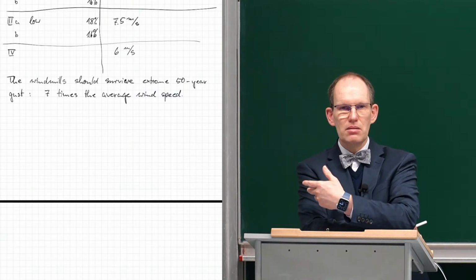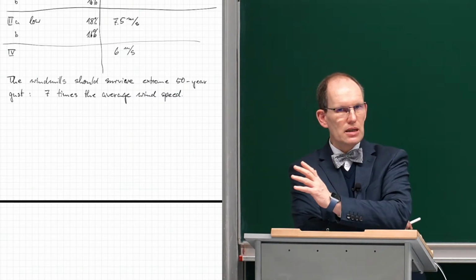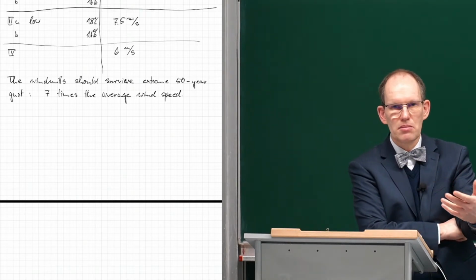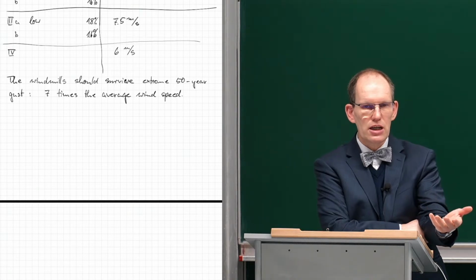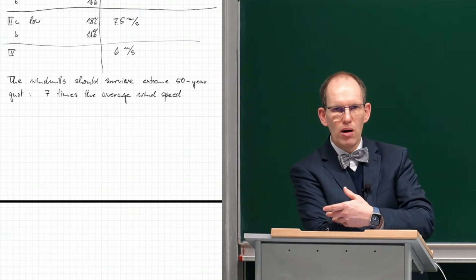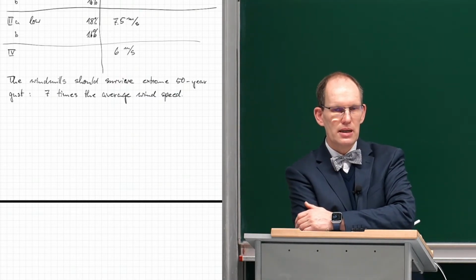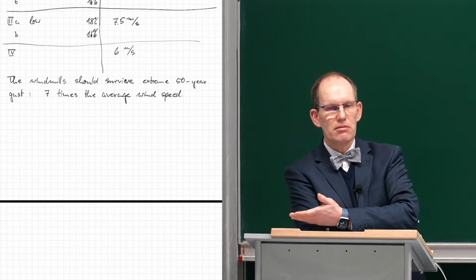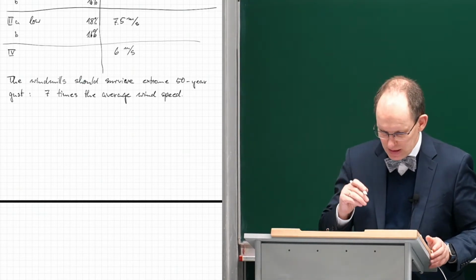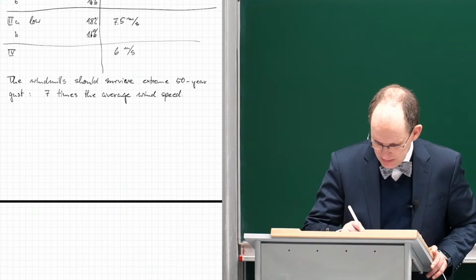And of course, we know that if the wind doesn't blow, it can't generate electricity. So the real number, the actual number of generated gigawatt hours will be lower than the entire capacity. And the ratio is the capacity factor. So let's define that. Capacity factor.